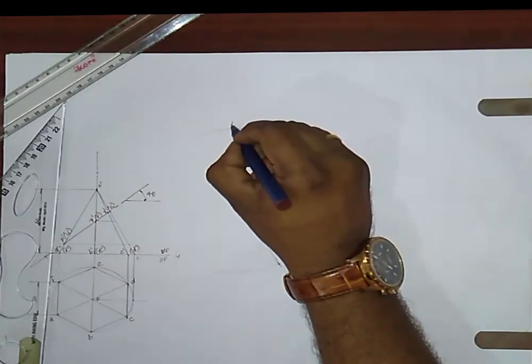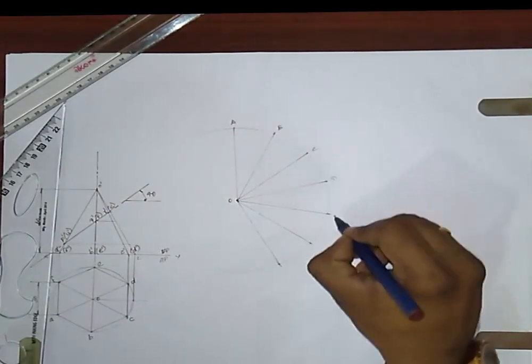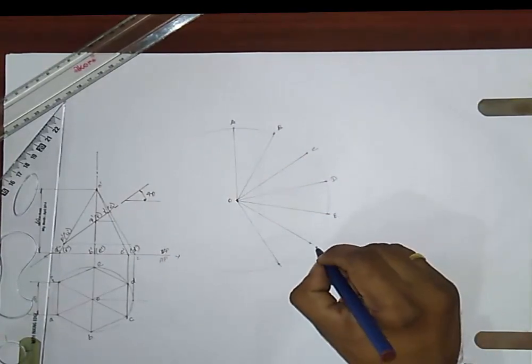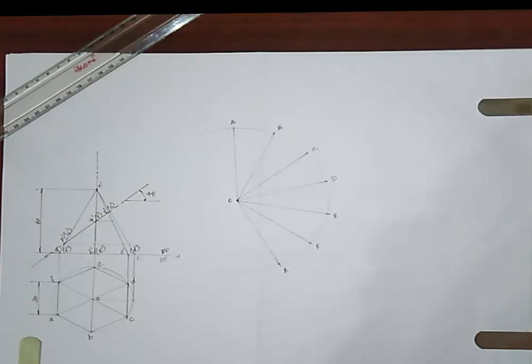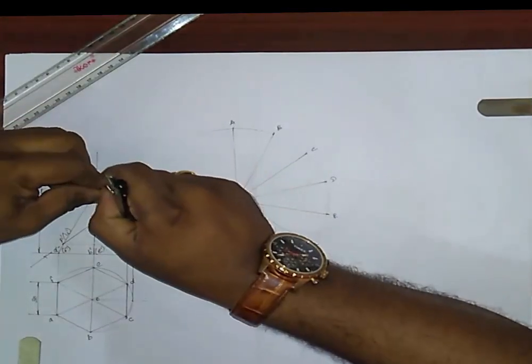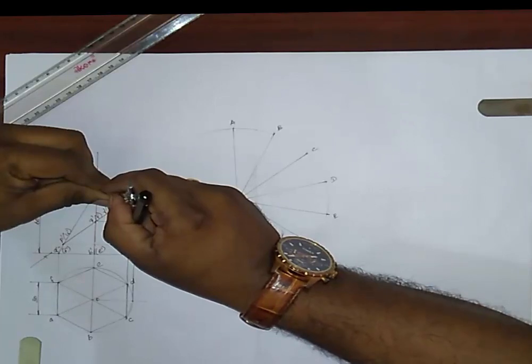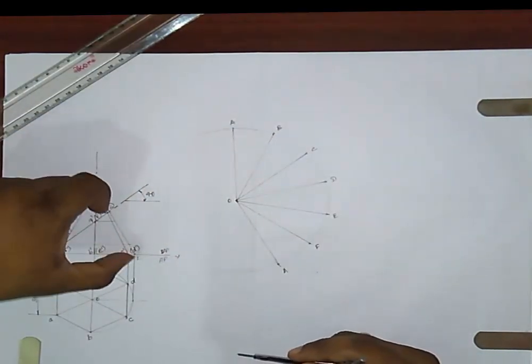This is your point A, B, C, D, E, F, again A. Now you have to transfer all the cutting points to the developed view. Now measure the cutting point P from point O to P in the true slant length, and the points P and U have the same length.